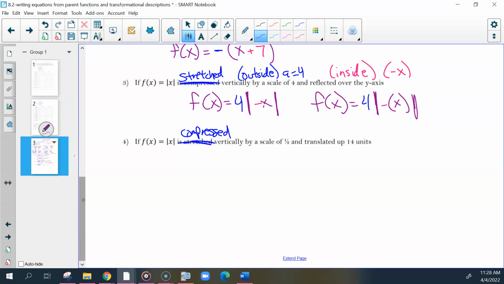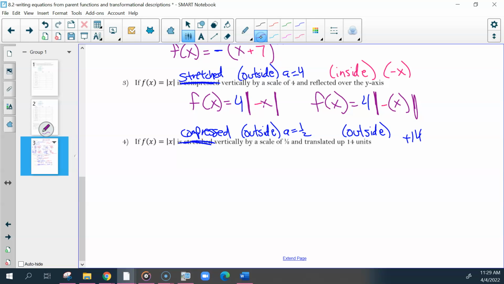And then compress vertically by a scale of 1/2. Is that inside or outside? Outside, because it's vertical. Again, it tells you what your scale factor is. So your A is going to be 1/2. Translated up 14 units. Is that inside or outside? Outside, because it's up, so it's vertical. And up 14 units, how would we write that? Plus 14.